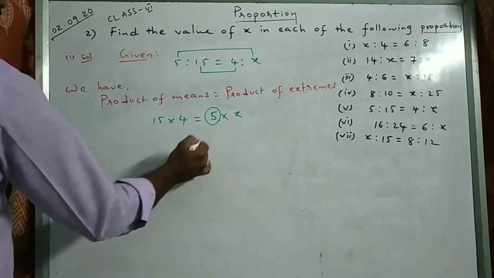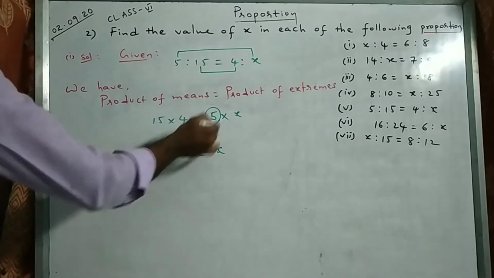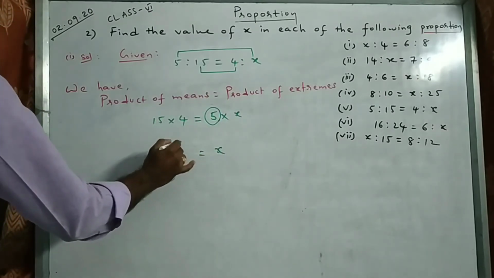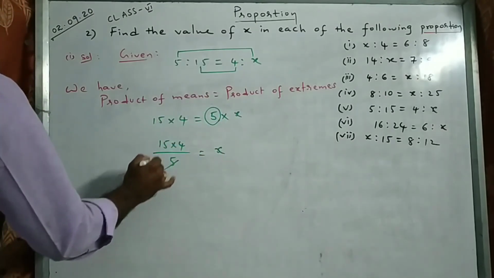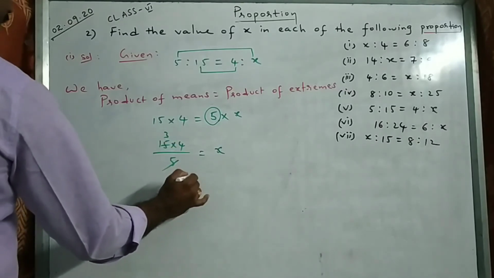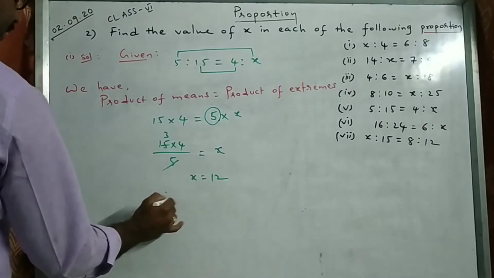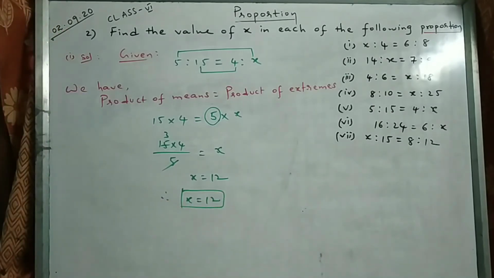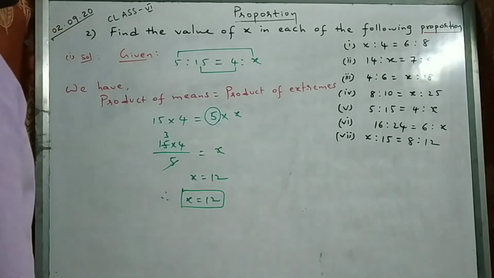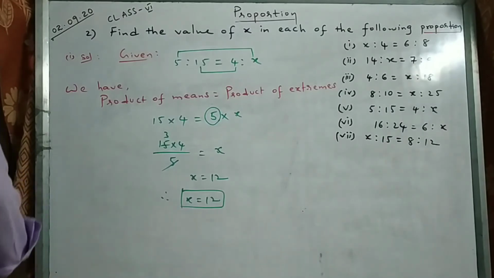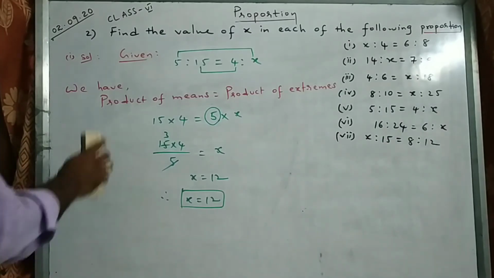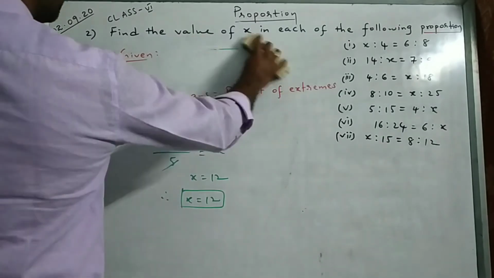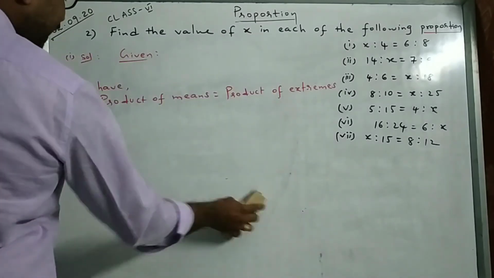So I want the x value there. So what should you do? Send 5 this side: 15 into 4 upon 5. 5 ones, 5 threes. So x value: 4 threes are 12. Easy, no? So only one thing you must remember. What is that? Proportionality condition is product of means equal to product of extremes. Okay.